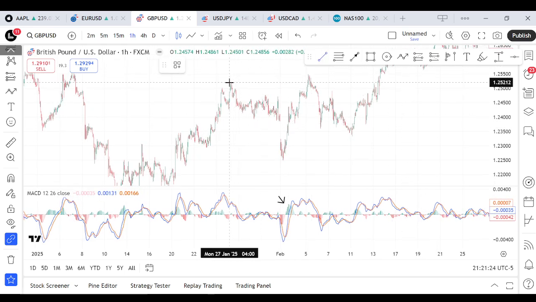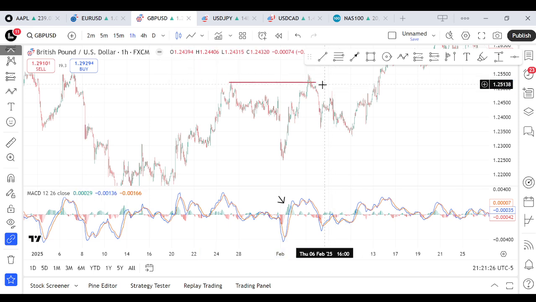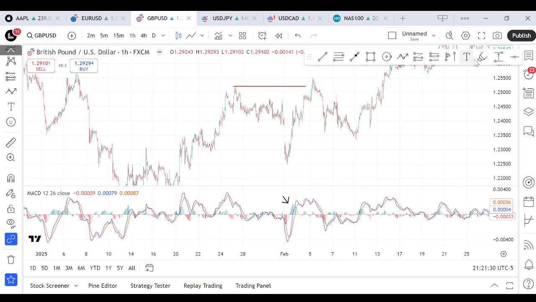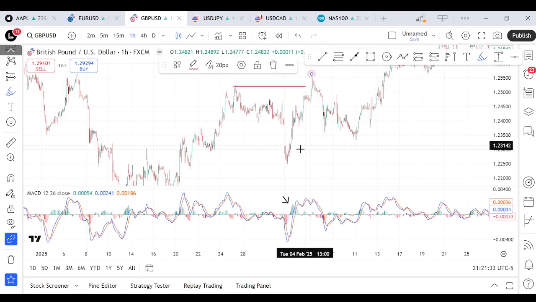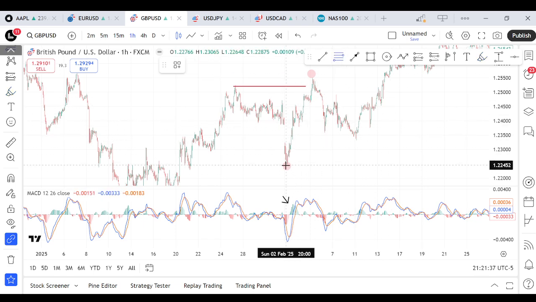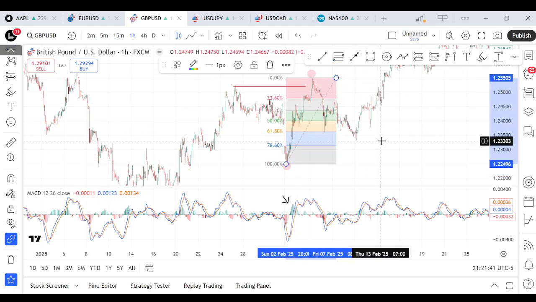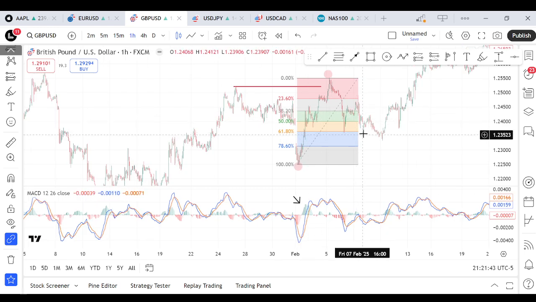We have price breaking structure here. Here is a swing high, here is a swing low, and this is where we'll have our Fibonacci. We'll plot our Fibonacci from the swing low all the way to the swing high, and this is your Fibonacci.